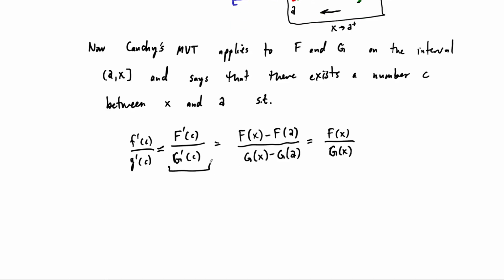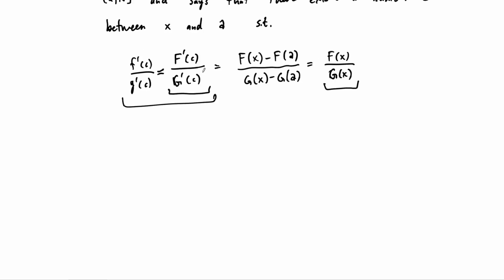Number one, this is equal to this. And number two, these are equal to each other. All right? And so now we can take the limit, and let's see what happens. So then the limit as x approaches a from the right of f of x over g of x is equal to the limit as x approaches a from the right of capital F of x over capital G of x.